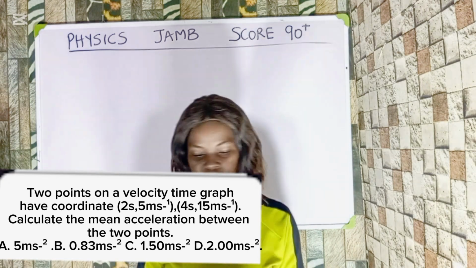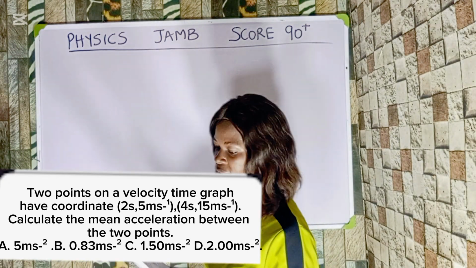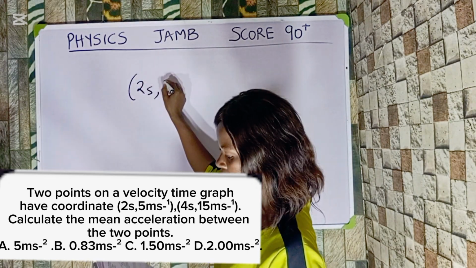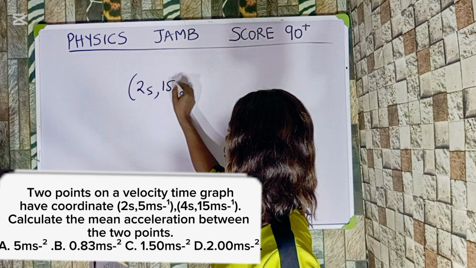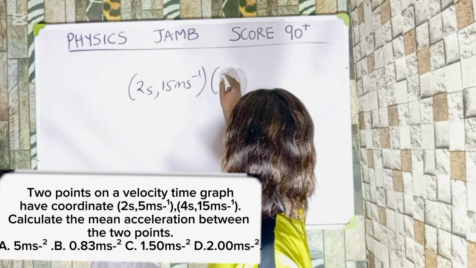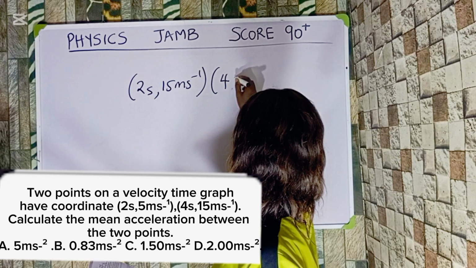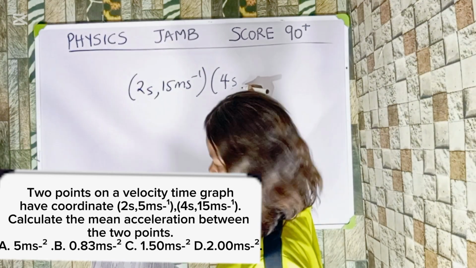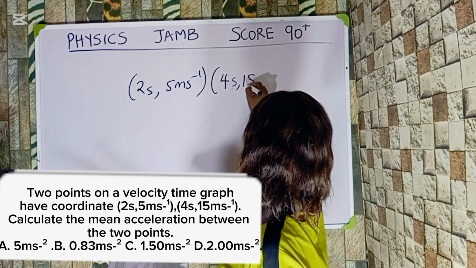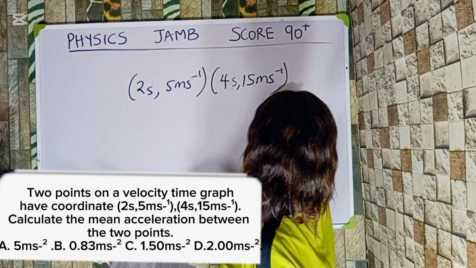Now let's solve. We're first going to write our coordinates. We have 2 seconds, 5 meters per second, and we have 4 seconds, 15 meters per second.